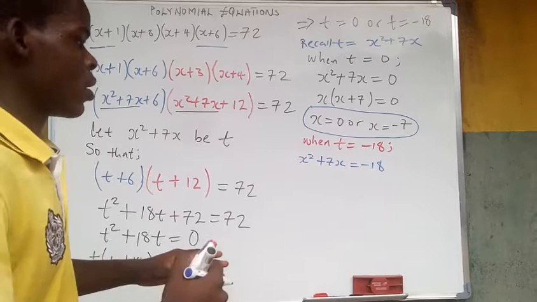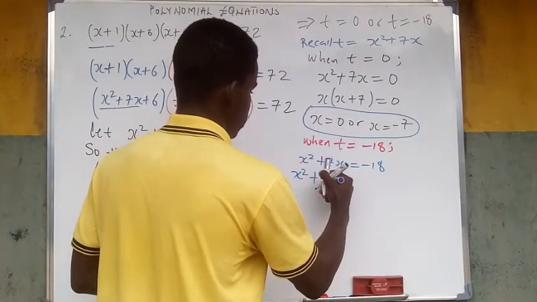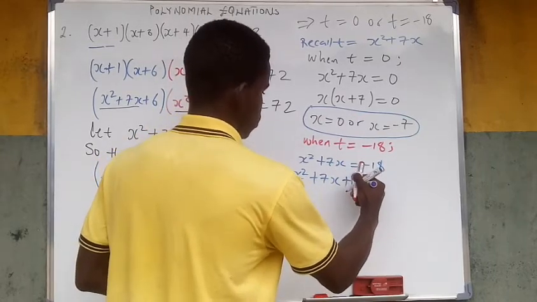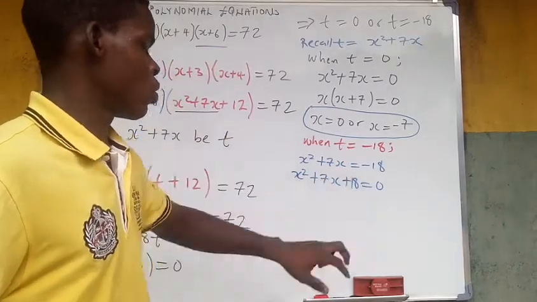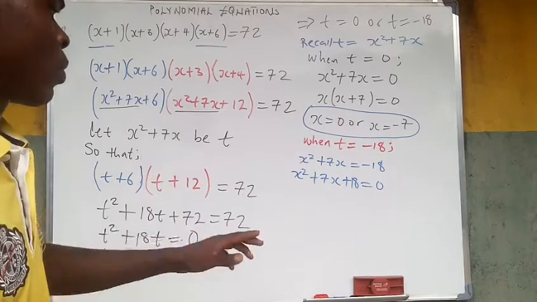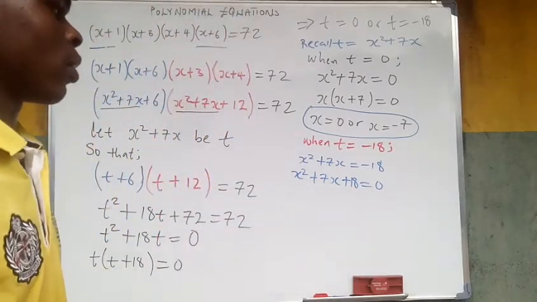Okay, that means we're going to have x squared plus 7x plus 18 equal to 0. Okay, can the factorization method work here? Let's use the quadratic formula method.